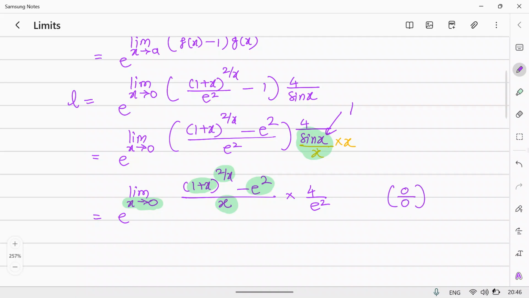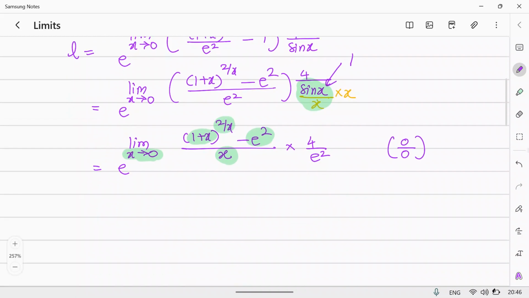Okay, so how can this be solved? We'll make use of logarithms over here. Limit x tends to 0, (1 plus x) raised to 2 by x can be written as e raised to log of (1 plus x) raised to 2 by x, minus e square upon x into 4 by e square.